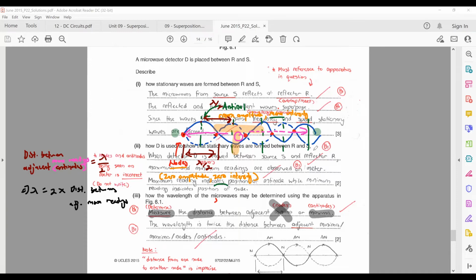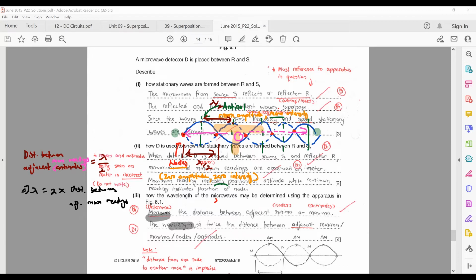Minima is the plural form of minimum. Maxima is the plural form of maximum. So I'll just choose either one. So that's where your 2 marks come from.